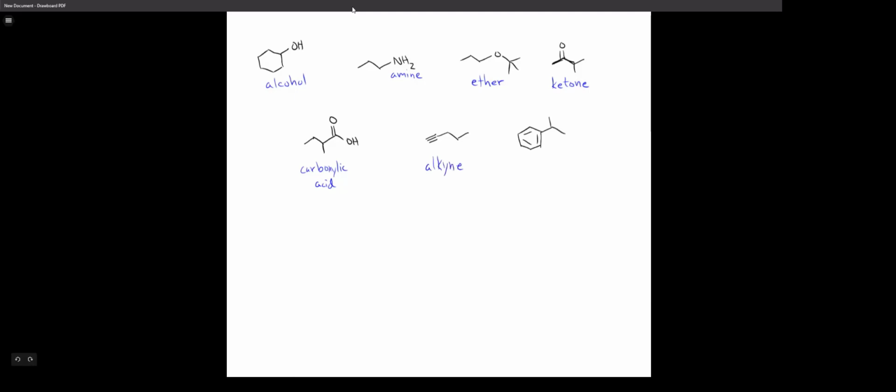Probably the worst bumper sticker I've ever seen, and this is bad chemistry humor, is: it takes all kinds to make a world. Isn't that nice? You don't get it. Okay, fine. It takes all kinds. Anyway, I feel so bad.